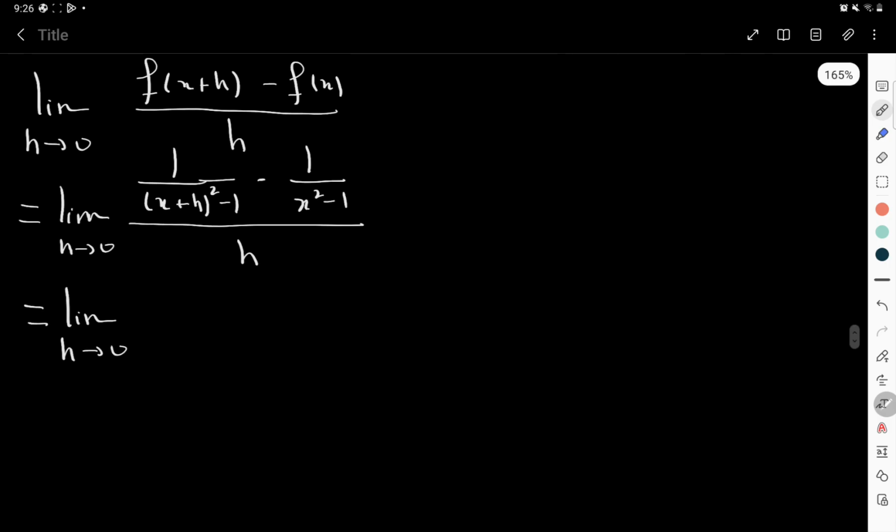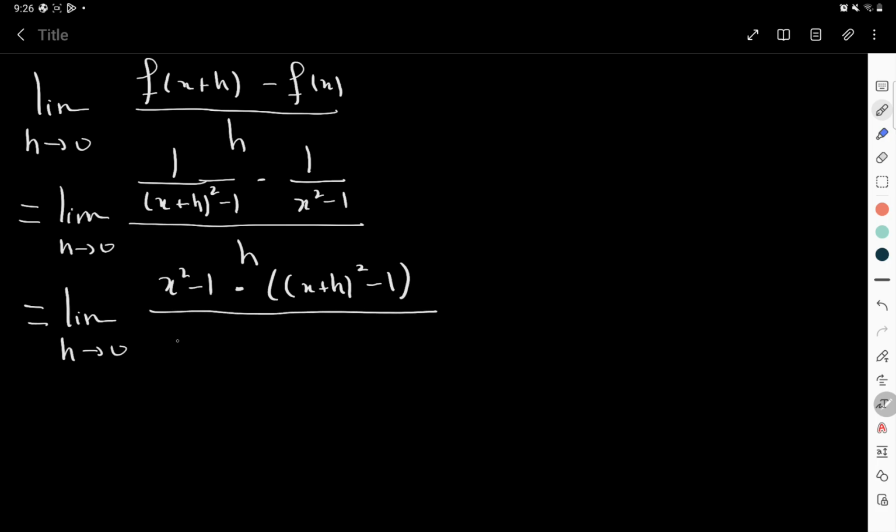Anyways, so it's the same idea. I will put everything under a common denominator, and really just in the same way that we have done previously, I will just allow myself to write this immediately. Okay, just writing it's x squared minus 1 times h. Now here, this is very clear.